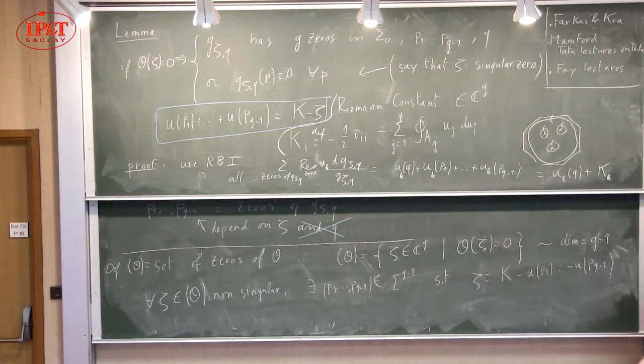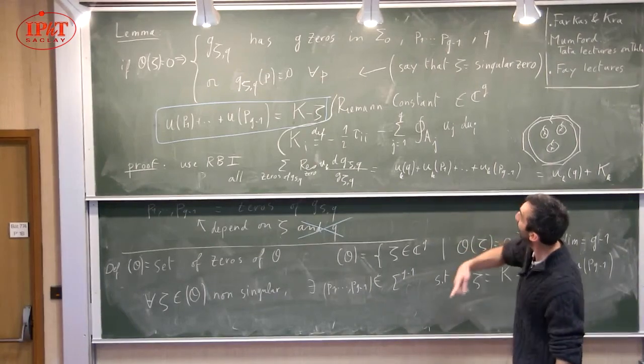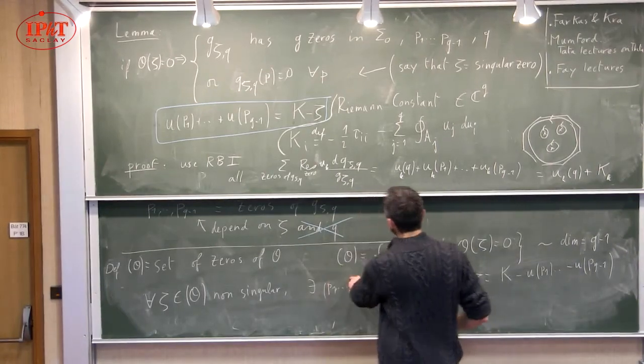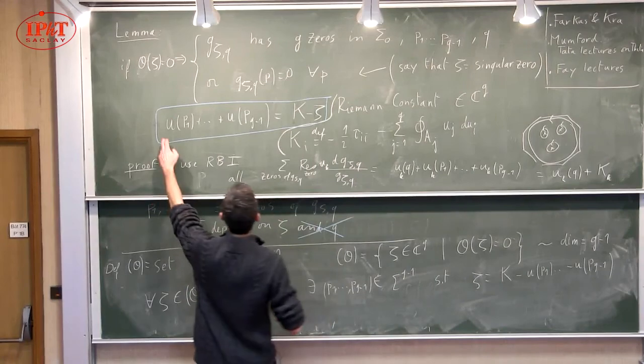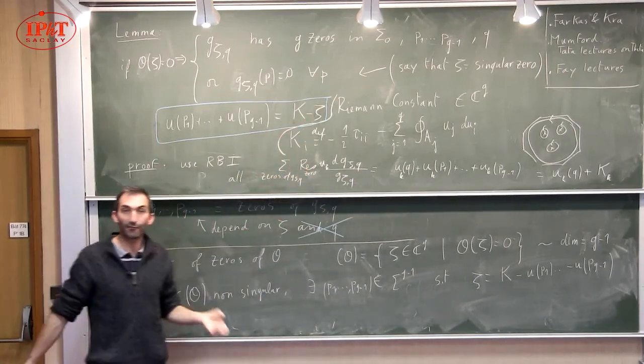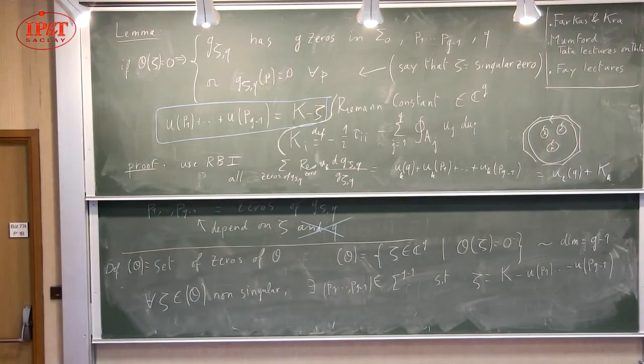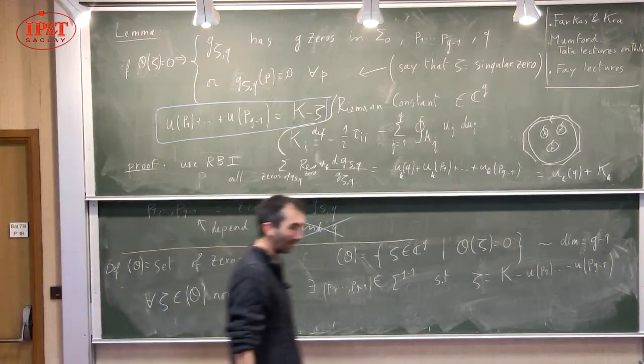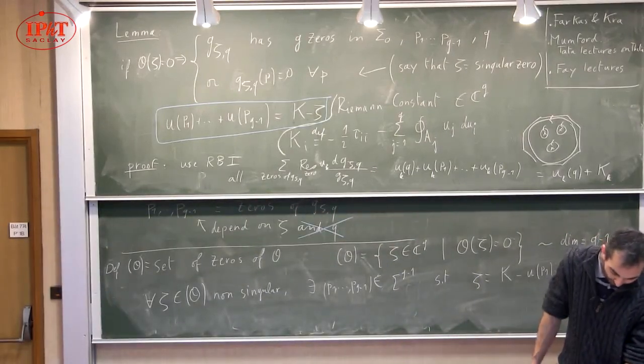A priori they will depend on Q, but the inverse map, knowing your g-1 points, you can recover zeta by this formula. This does not depend on Q. So the inverse map is independent of Q, and this shows that in fact the map is independent of Q. I will not enter into the details, it's well written in my notes.